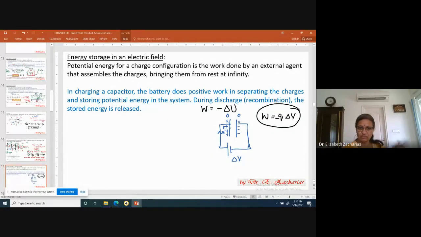And you're going to see that the larger the charge, the larger is the energy that you're going to store. Discharging means allowing the electrons and the positive charges to recombine. In recombination, they just become neutral, and the stored energy comes out of the system.